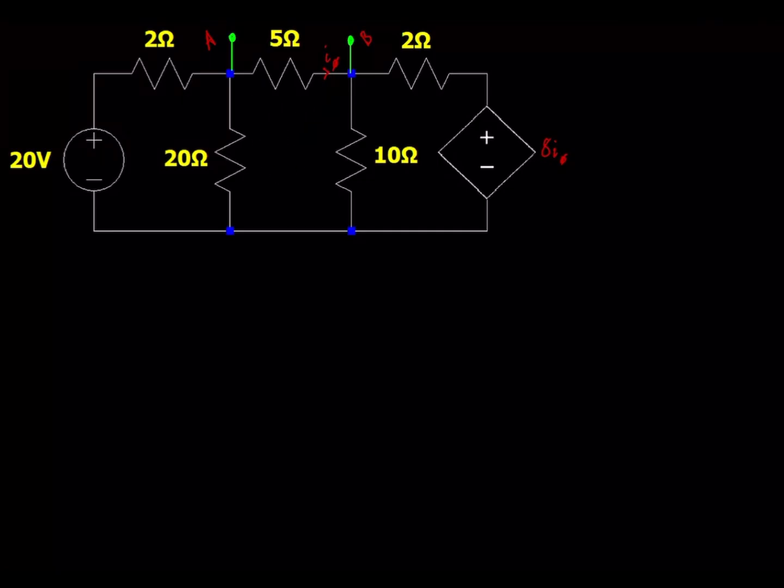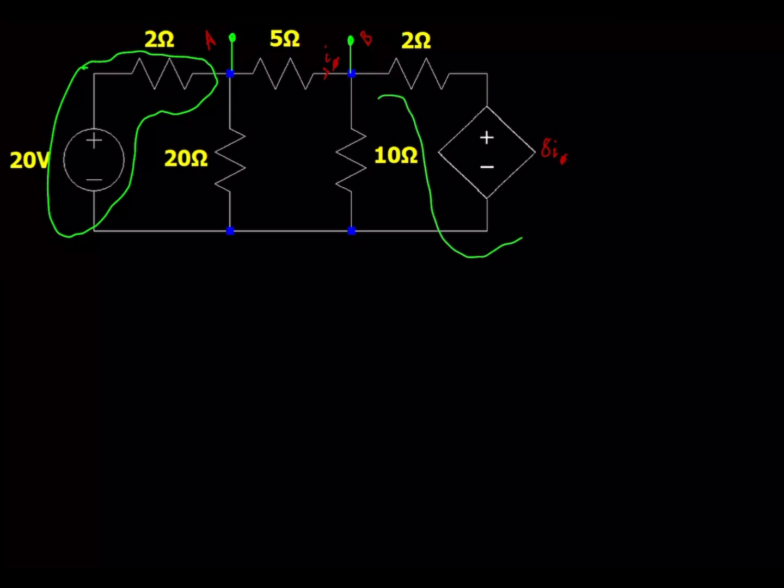So we can see here that we have this 20 volt independent voltage source in series with this 2 ohm resistor. And on the right side, we also have a voltage source in series with a resistor. Even though it's a dependent voltage source, we can still use the principles here and simplify that.